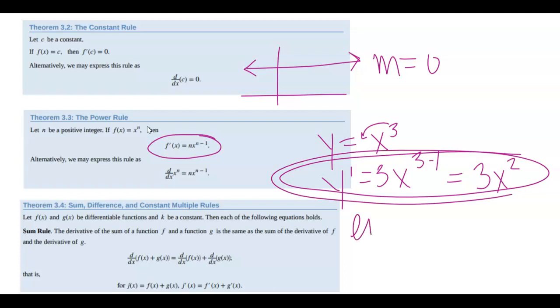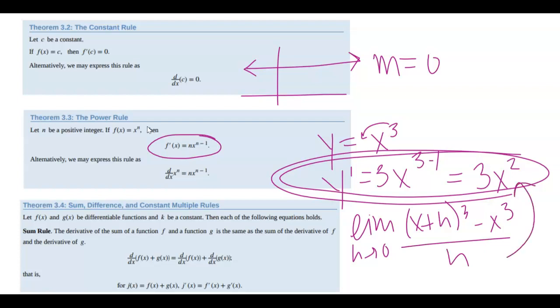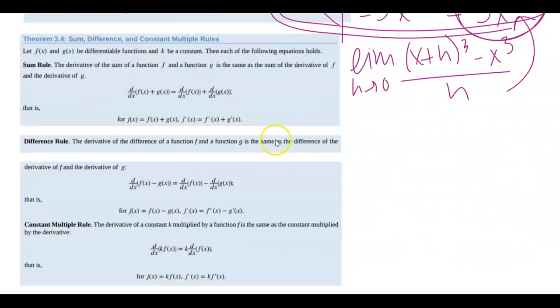Before that we would have had to go limit as h goes to 0 of (x plus h) cubed minus f of x all over h, and all the algebraic simplification would have gotten us to this point here. And so now I like to tell my students, you have earned your badge, you have earned the right to use the power rule, so we can go ahead and do that now.